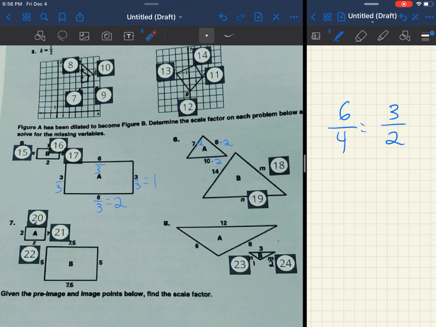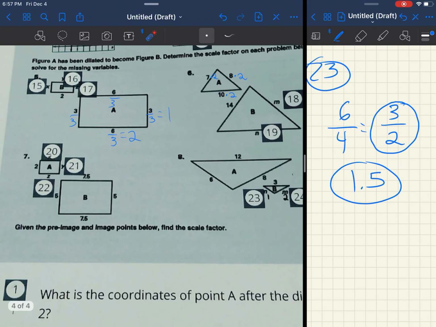So 6 over 4 is the same as 3 halves. So the answer to number 23 is 3 halves, or you can also write that as 1.5. Either one of those will work. That's the answer to number 23.